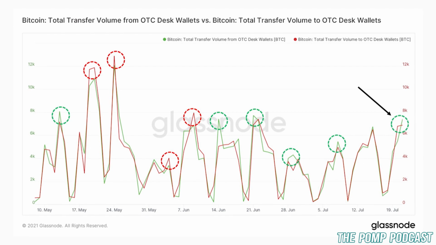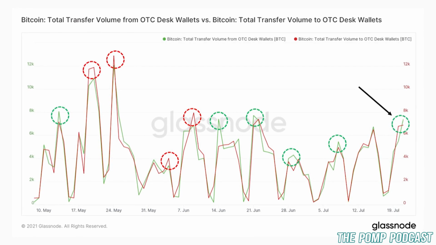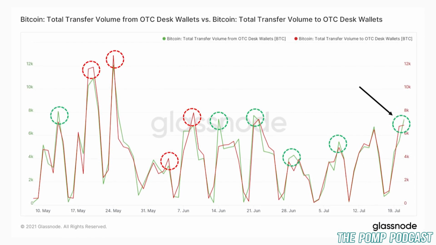Yeah, I think you see bigger spikes in the OTC inflows and outflows both, so basically the OTC volume, when you get to these bigger inflection points. Like when we originally dumped down in late May, you saw a big spike in those inflows and outflows. But as long as they're matching each other, then it neutralizes out.